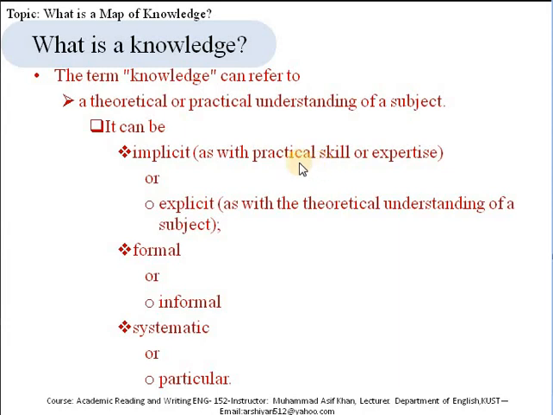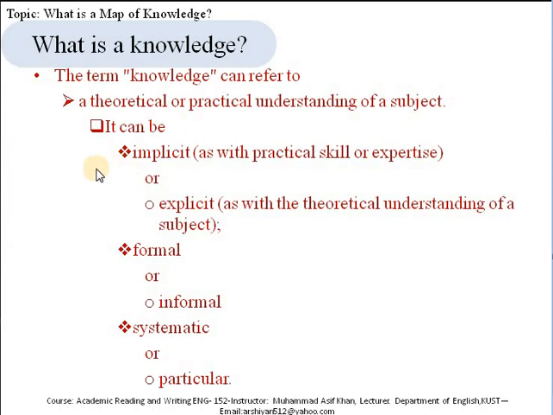So when we talk about knowledge, we refer to the different sides of the understanding of a subject or a topic or someone or something, and this understanding can be theoretical or practical, which we also name as implicit or explicit understanding of that subject. So the term knowledge can refer to the theoretical or practical understanding of a subject.